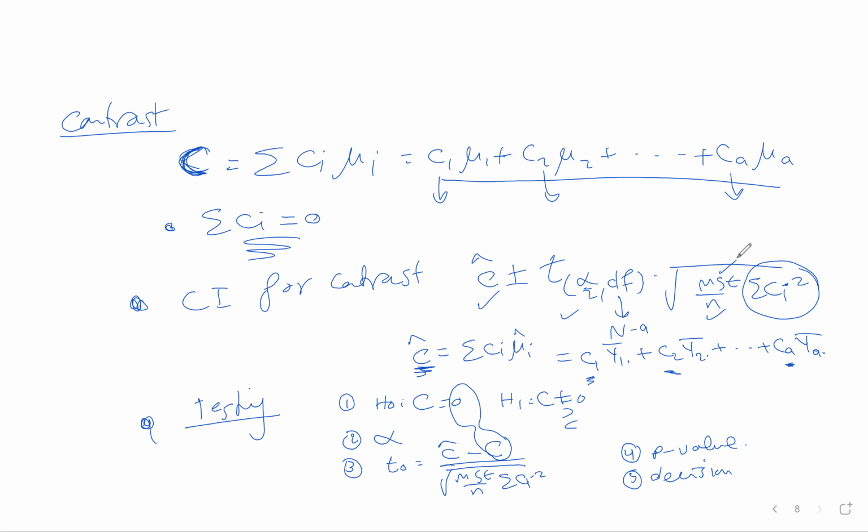Okay. So let me give you an example to explain the CI squared. Maybe like in the homework. In the homework, H0 says, test this one. The average of the control equals the average of treatment 1 and treatment 2. So this is the contrast we need to estimate and do a confidence interval. So before, you need to find what is C1, C2, and C3.